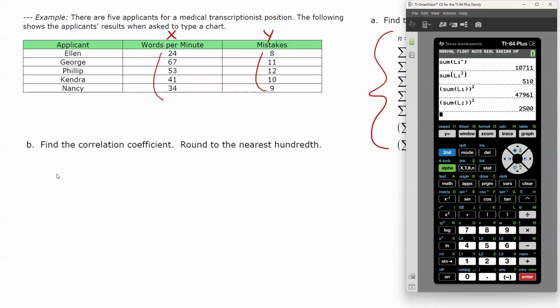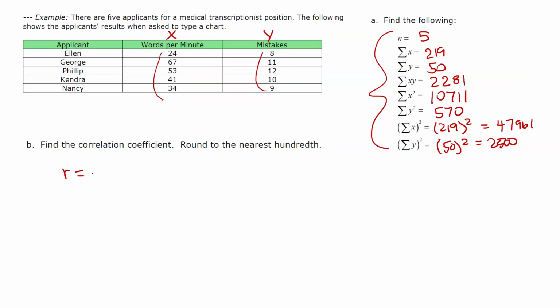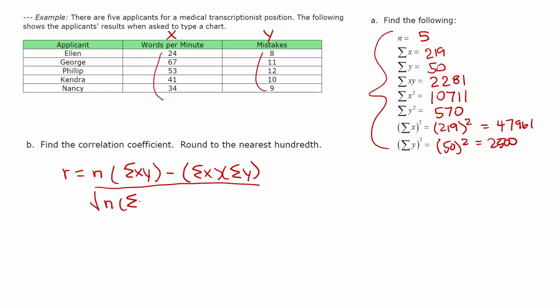Okay, so we now need to locate our R formula, which is n times the sum of xy minus the sum of x times the sum of y, divided by the square root of n times the sum of x squared minus the sum of x, squared, times the square root of n times the sum of y squared minus the sum of y, squared.